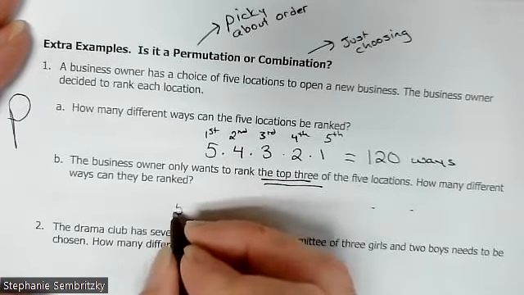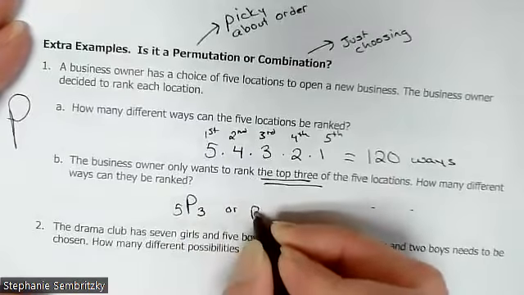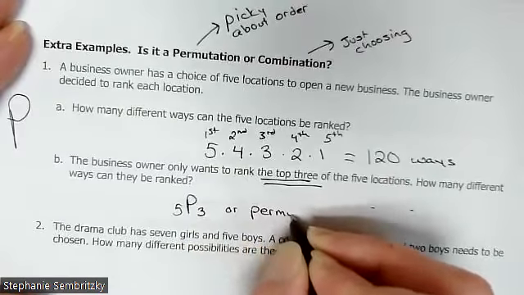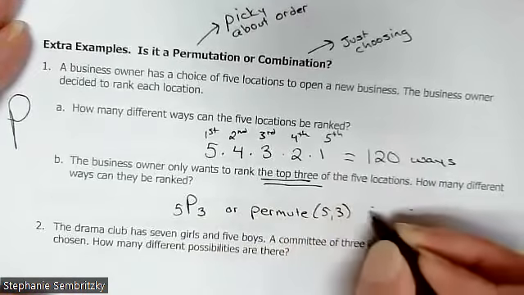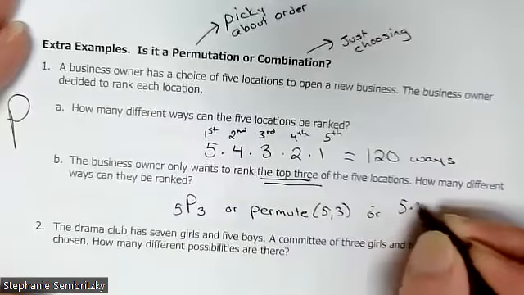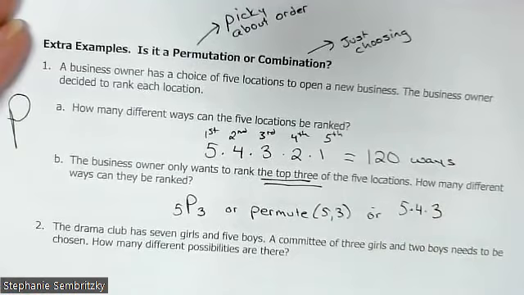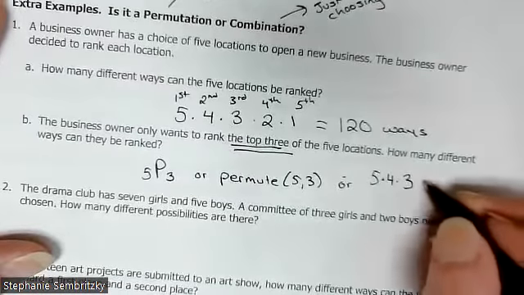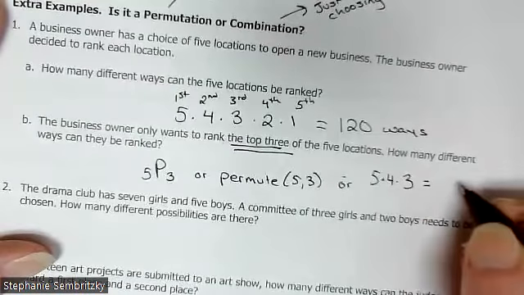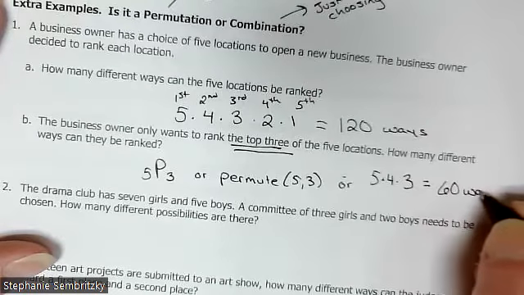That would be 5 pick 3, or permute, if you're using my calculator, 5, 3. Or couldn't you just do 5 times 4 times 3, the top 3? I tend to find this is just as easy just to do 5 times 4 times 3. And how many ways can we place the top 3? 60. Done.